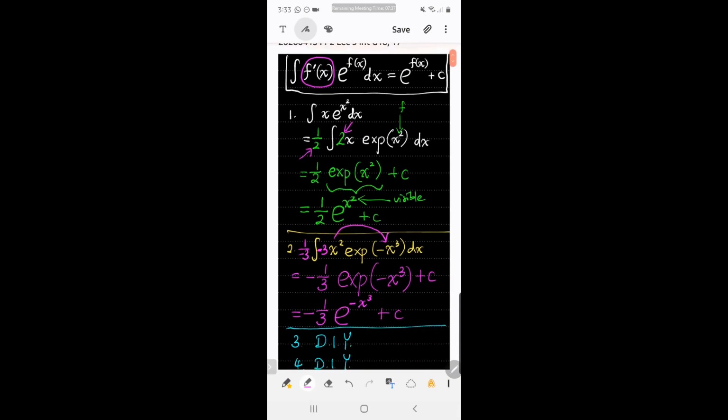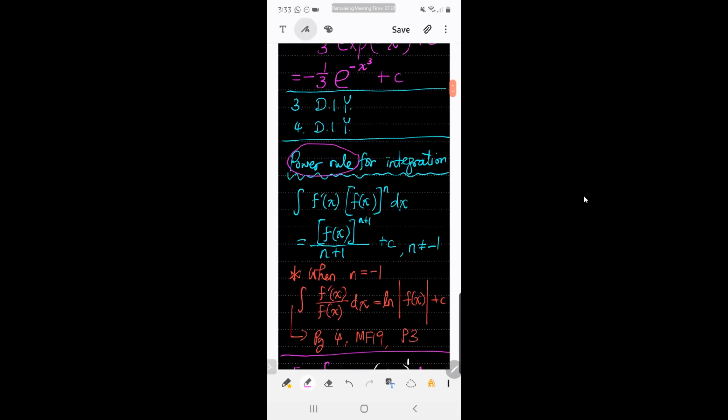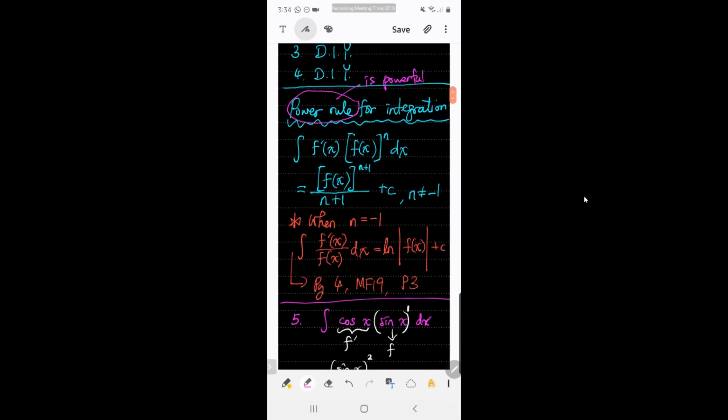Then the second formula is the power rule for integration. And remember, power rule is powerful. Whenever you see there is this power in the integral, the first thing that you may need to suspect is, can I use power rule? When you use the power rule, make sure you have the f prime again.